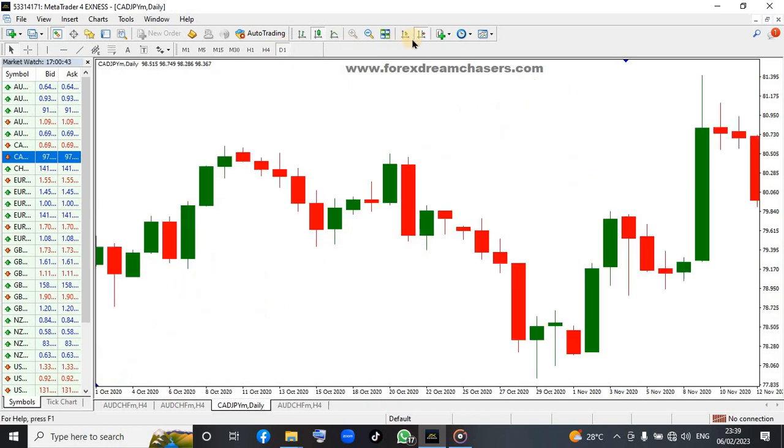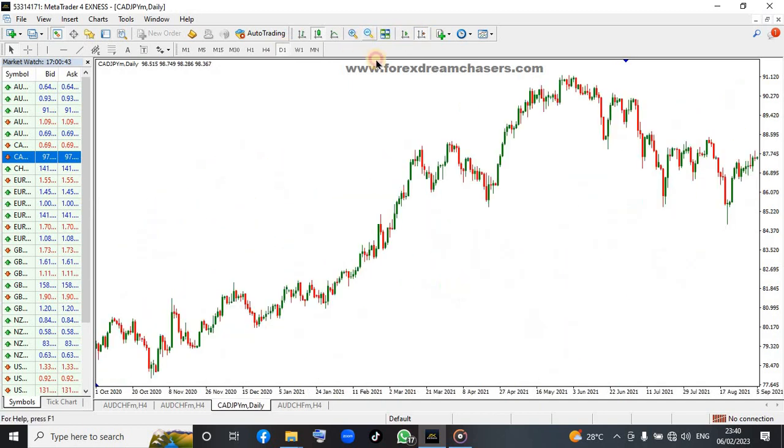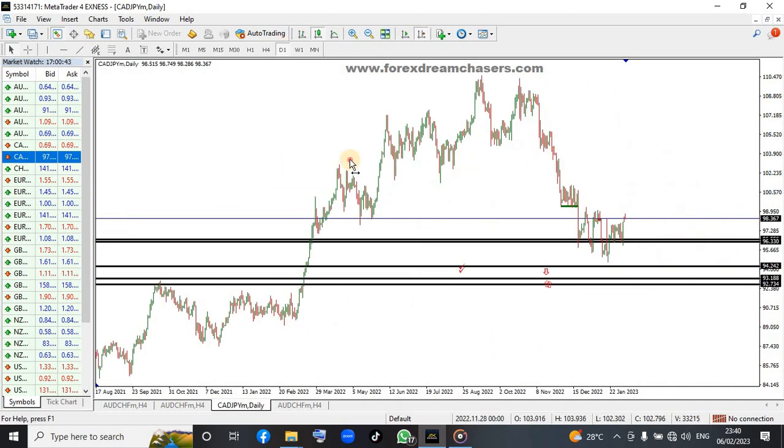Flip. Okay, let's check on the daily time frame. I want us to check the buy breakout.